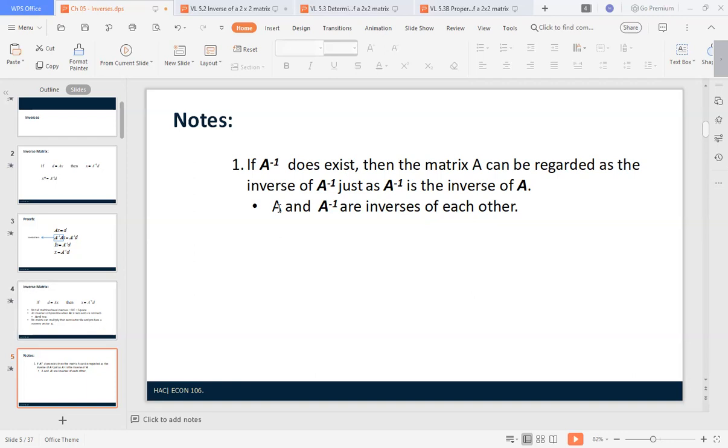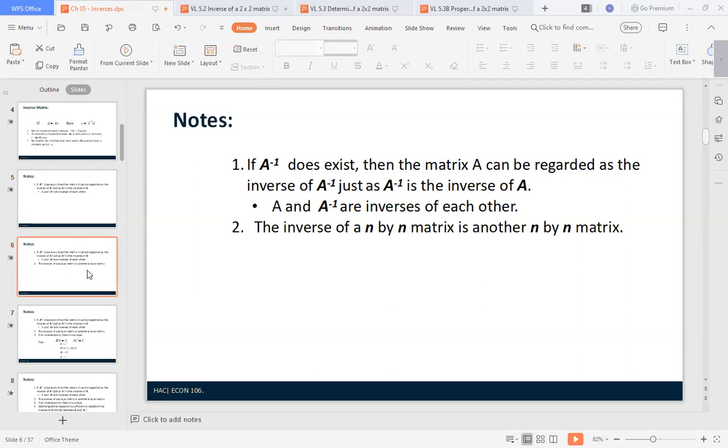So if you get the inverse of A inverse, you'll get A. If you get the inverse of A, you'll get A inverse. But the idea of this note here is both matrices are inverses of each other if the inverse exists.